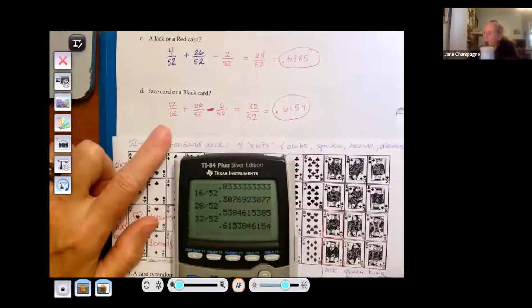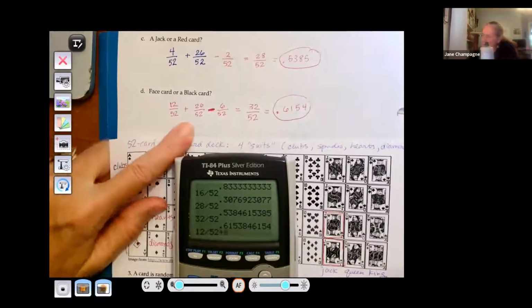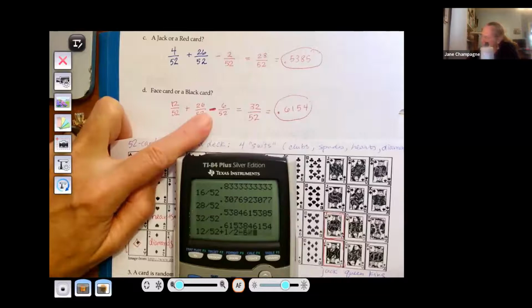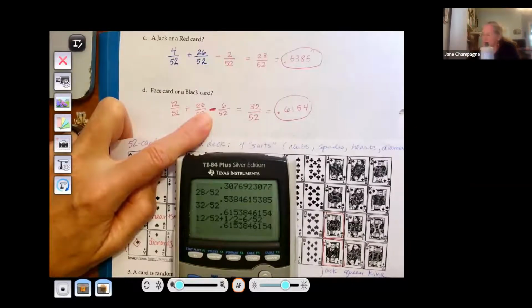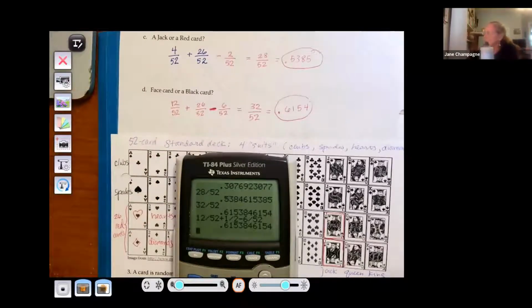We could go 12 out of 52 plus 1/2, the probability of black, minus 6 out of 52. Get it that way, the calculator knows to do those divisions before it adds, the order of operations.